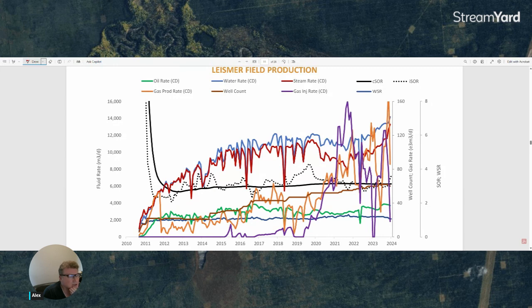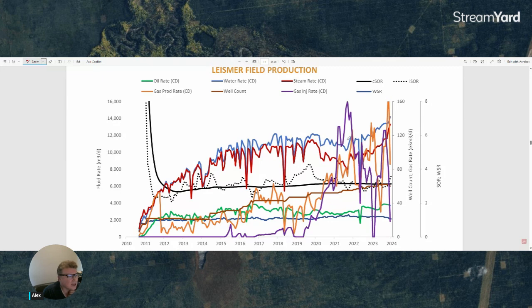Oil is always in green. Excellent. What about the rest? Everything else, there's no real convention. But what I've been seeing is that NCG or gas injection has been kind of orangey yellow, and that's the case here. And in both cases, we've seen CSOR and ISOR kind of in black, right? Thanks for the answers.